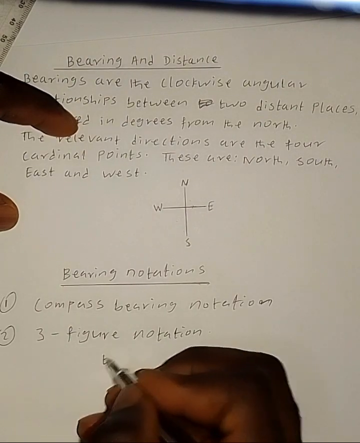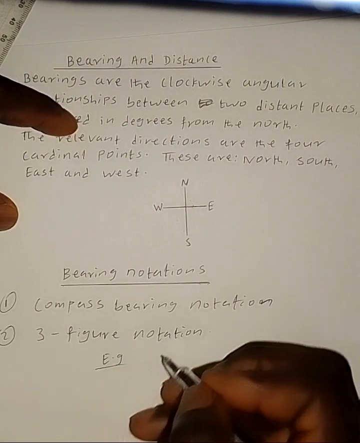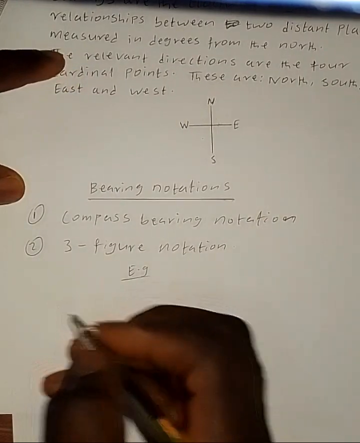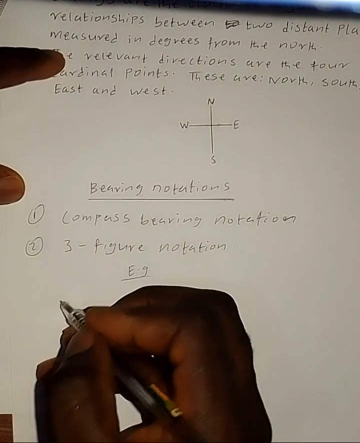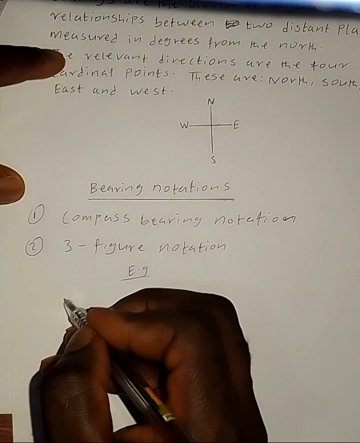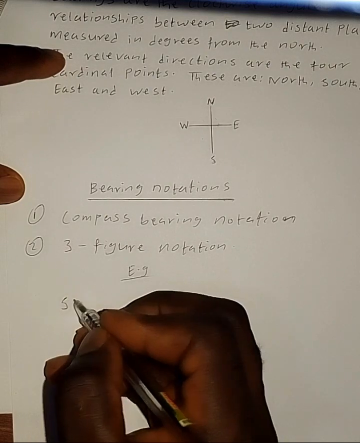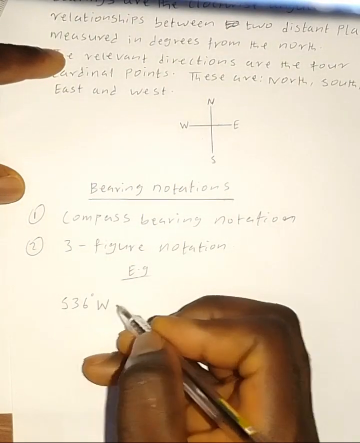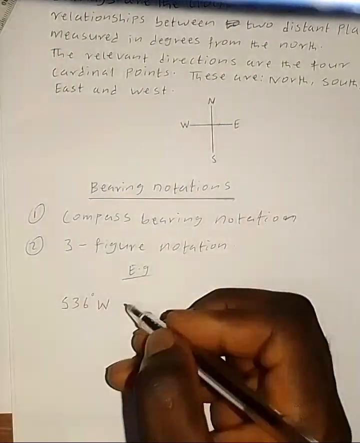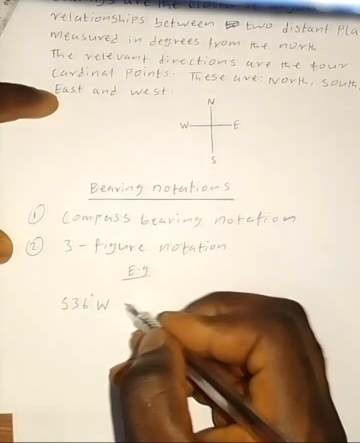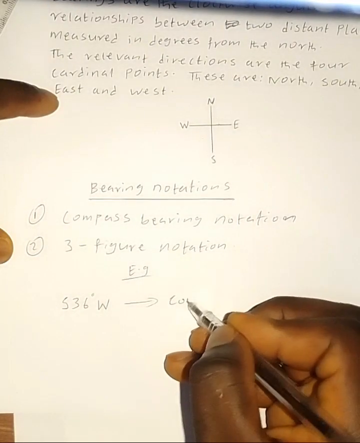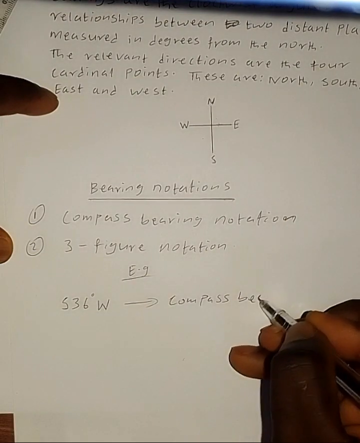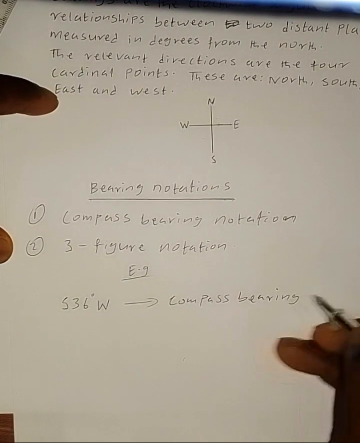Example: for compass bearing, let's say south 36 degrees west, which is compass bearing notation.